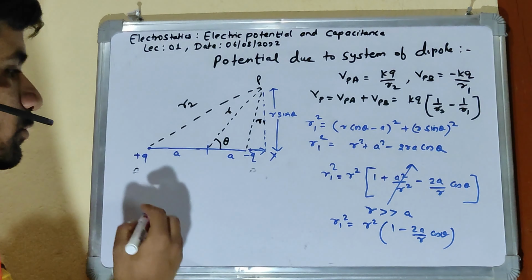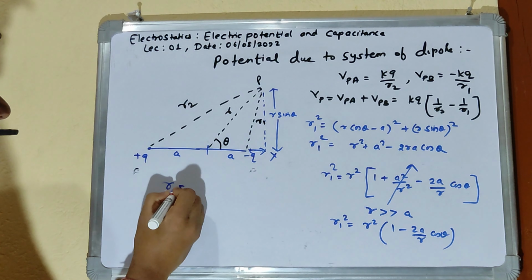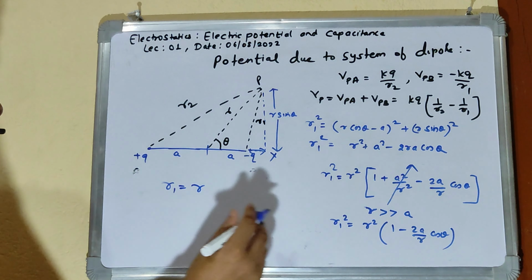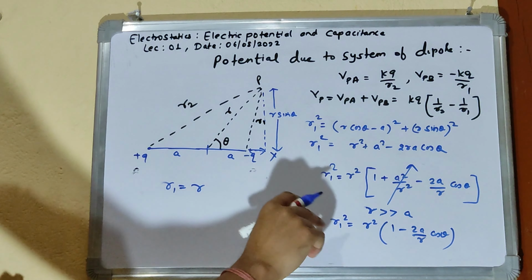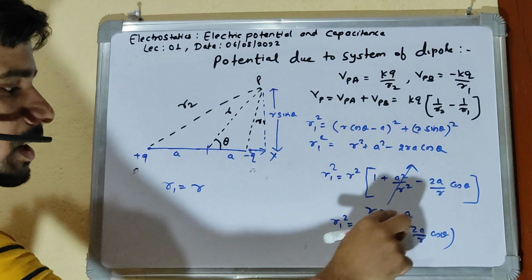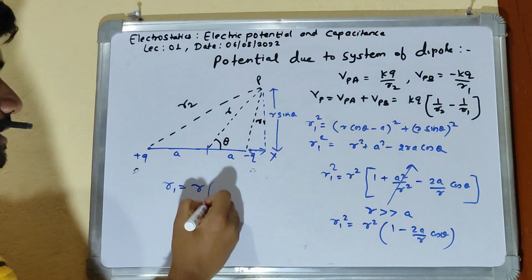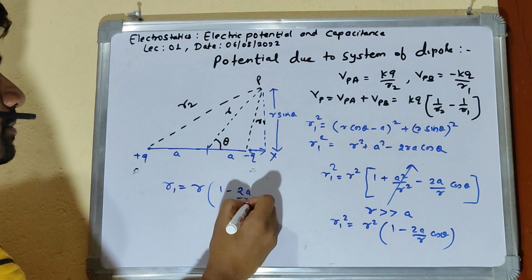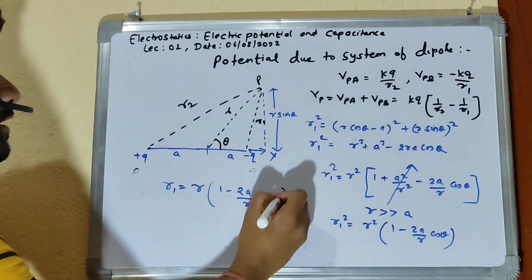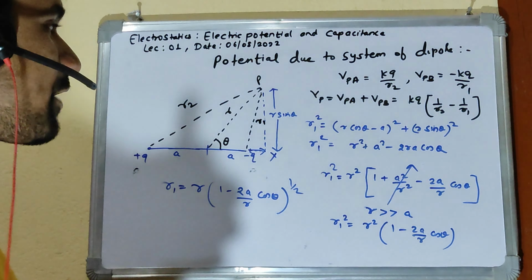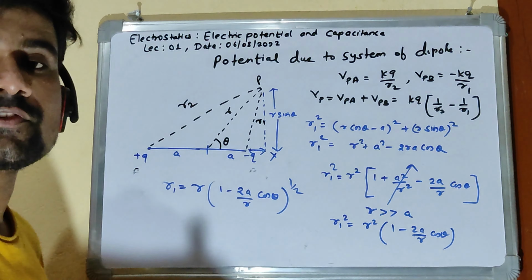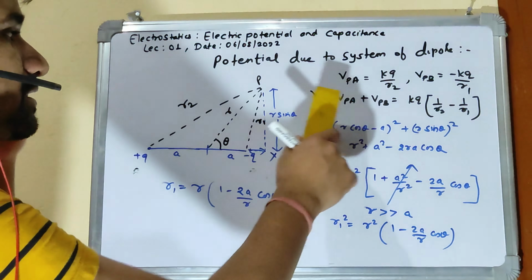Now if I calculate R1, R1 is nothing but R, and if I remove the squares, I get under root 1 minus 2A by R cos theta, to the power 1 by 2. Now I found a simplified version of R1, but can I use this directly in this equation?